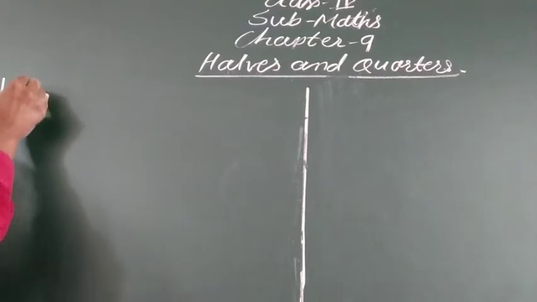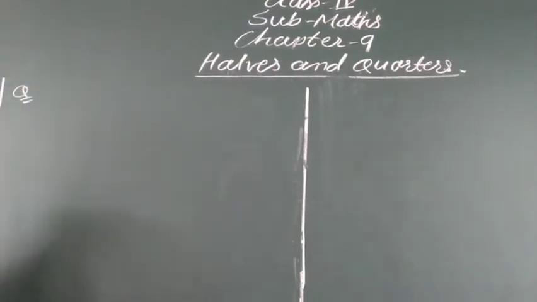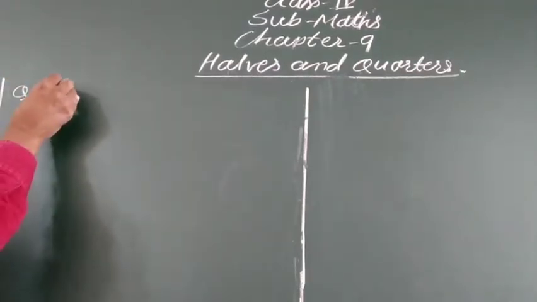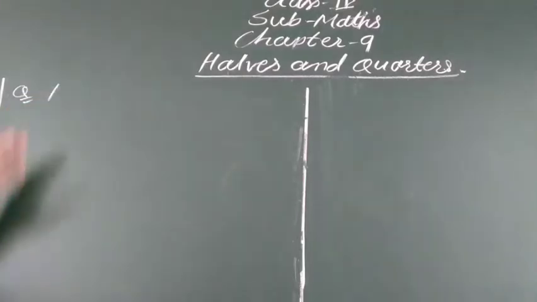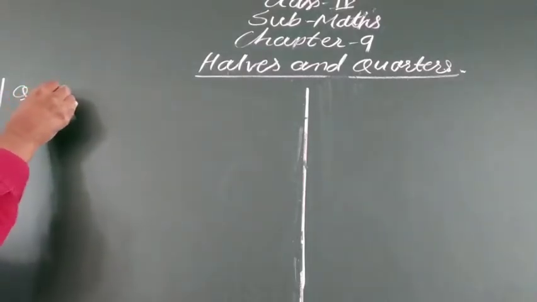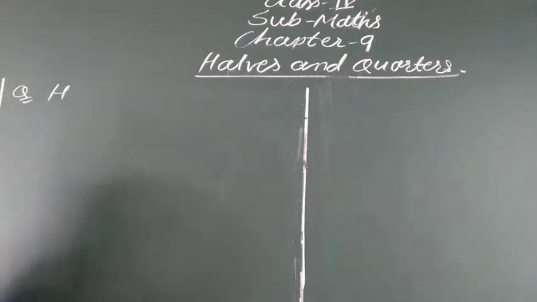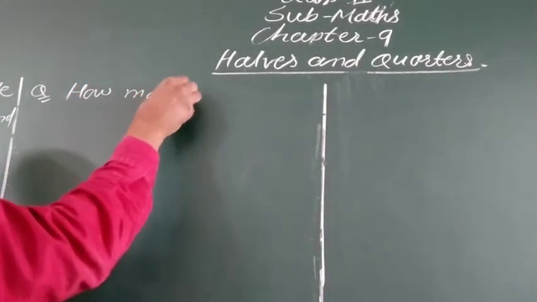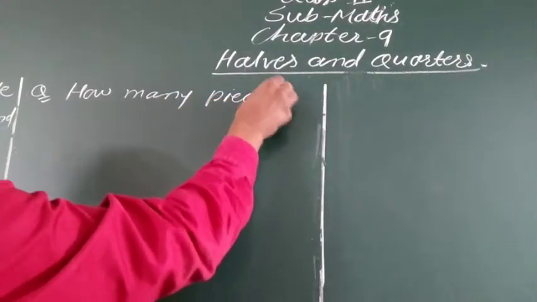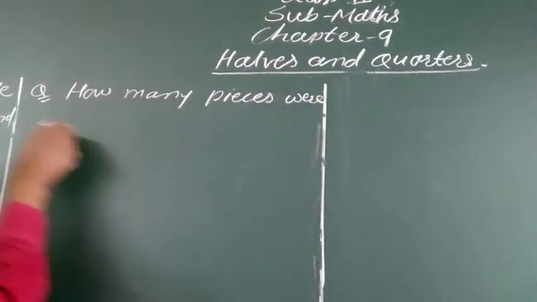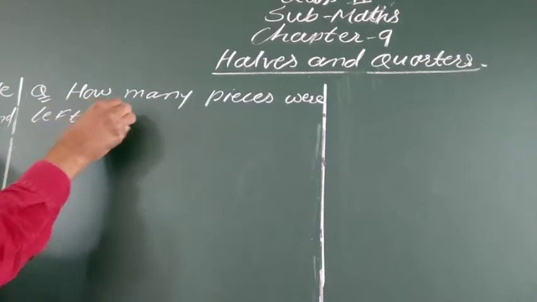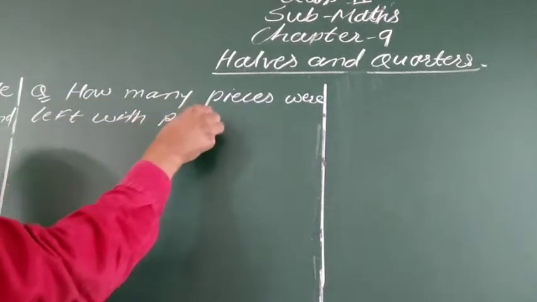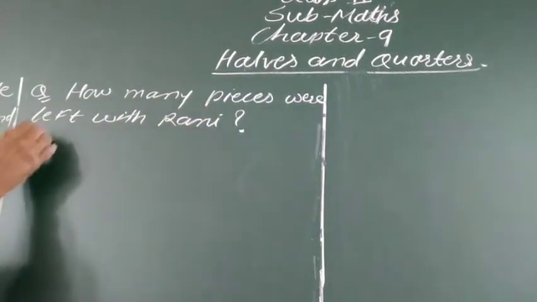Now question C: how many pieces were left with Rani? After giving half part to Reena, some part is left with her, meaning half part of the chocolate is left with her. The question is, how many pieces were left with Rani?